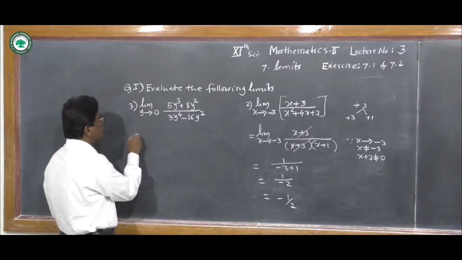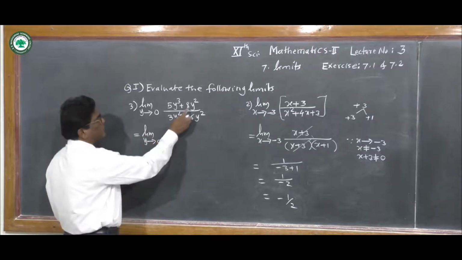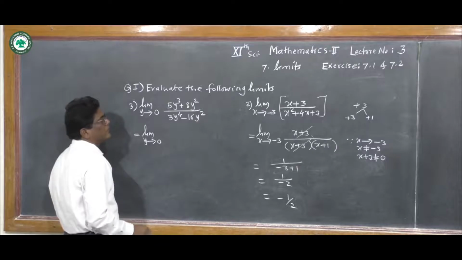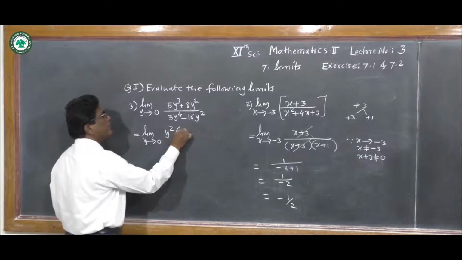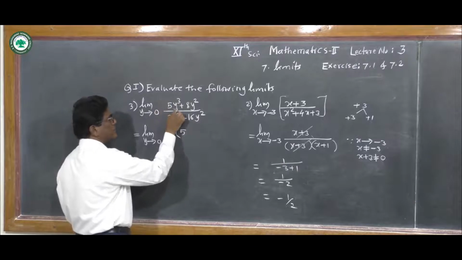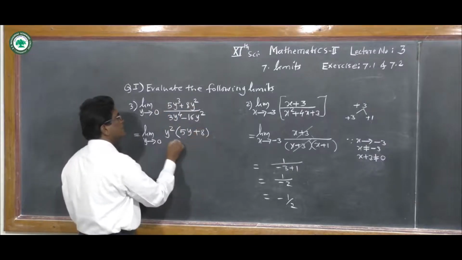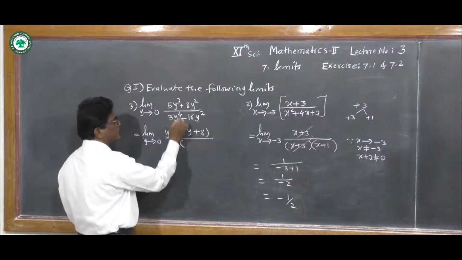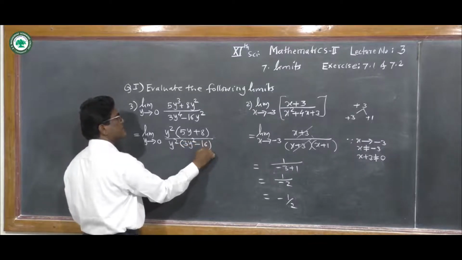So this is equal to limit as y tends to 0. Now we take y square common in the numerator and also in the denominator. So y square in the bracket, 5y plus 8, divided by y square in the bracket, 3y square minus 16.